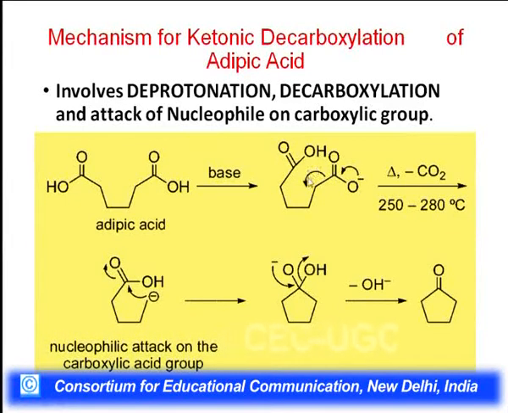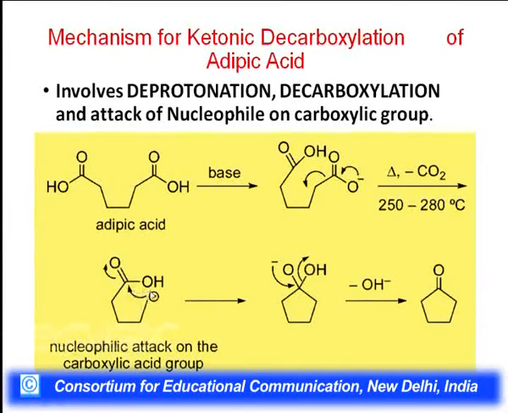Now this oxygen's bond goes back here, and this will pull the electrons towards itself. We'll get a negative charge, and carbon dioxide is given off when we heat it to 250 to 280 degrees Celsius, resulting in this anion.